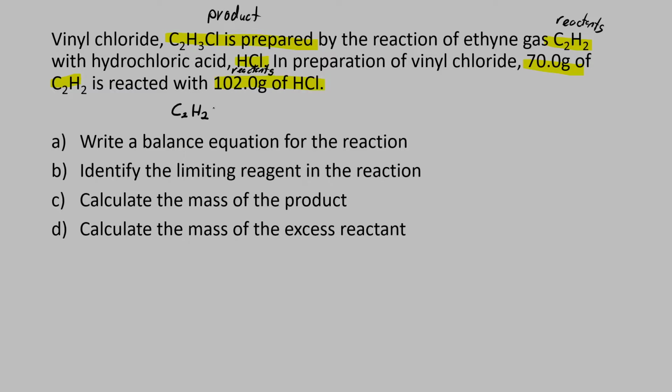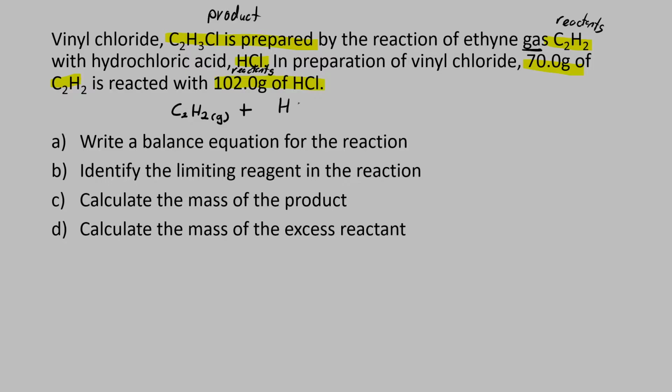So it is C2H2, and if you don't know what form it is, you put aqueous. But this one says it is in gas form, so its phase is gas, plus hydrochloric acid.